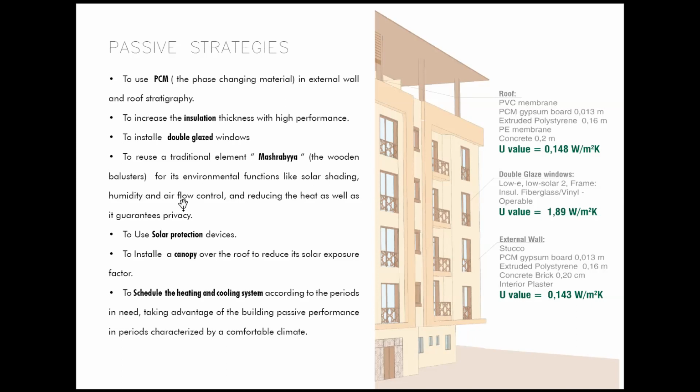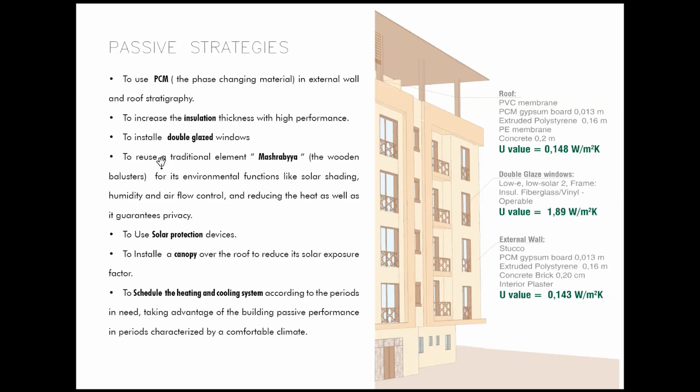To increase insulation thickness with high performance, I increased my insulation. I have used double glass windows to have better performance of my windows. I have reused the traditional element of the mashrabiyya. It's a wooden baluster.